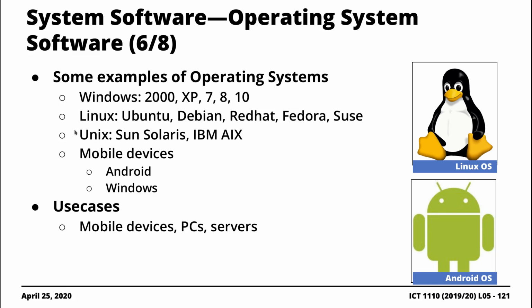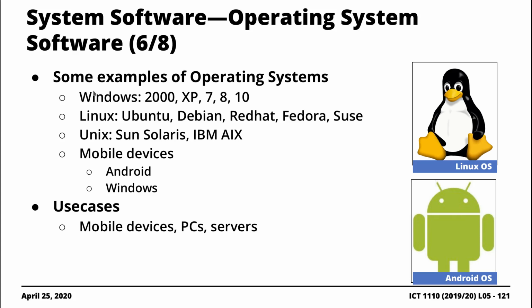The decision or choice of when to use them is generally dependent on factors such as the function or the use case associated with that piece of computer system. So for instance, if you are wanting to install the operating system on server hardware, then you'd want to make sure that you install a server type operating system software, right?